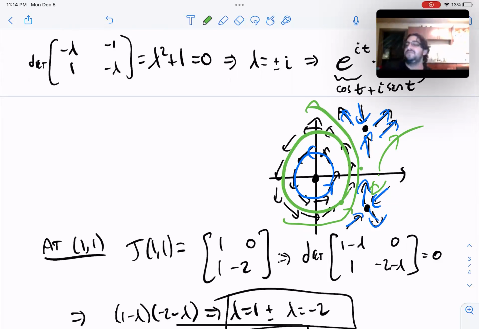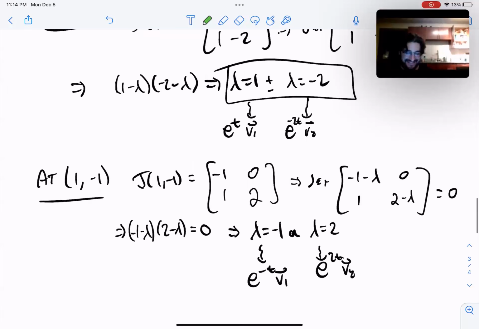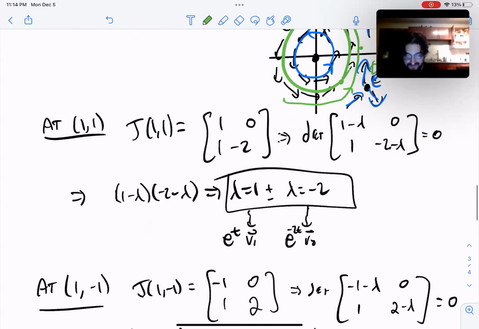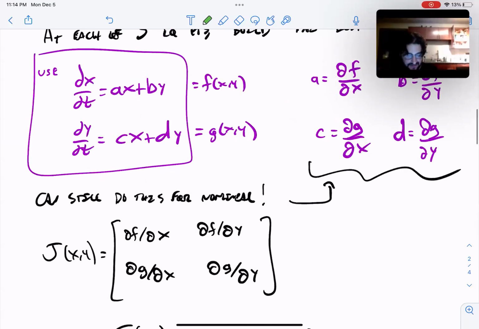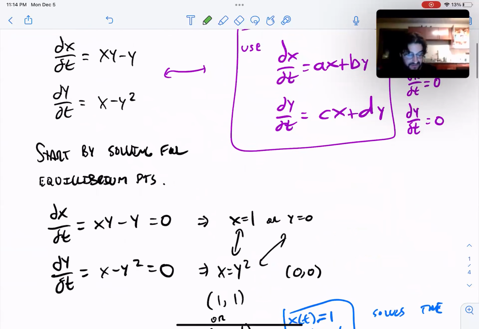See, those greens are random solution curves that follow the behavior of all three equilibrium points. So that's how to predict roughly the qualitative solution without doing much math. Solving these is really hard, so we typically won't. All right, great. Thank you. So there is the Jacobian approximation for nonlinears.